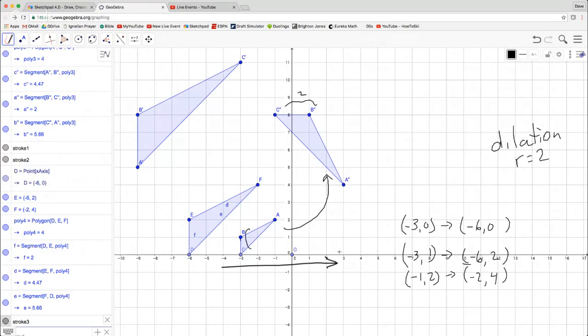And then we are only a reflection and rotation away. If you recall all the way back to 8M2, that's our strategy for proving that two triangles are congruent through rigid transformation. So let's translate. The first thing we did is we dilated with R equals 2. Now we're going to translate to the right.